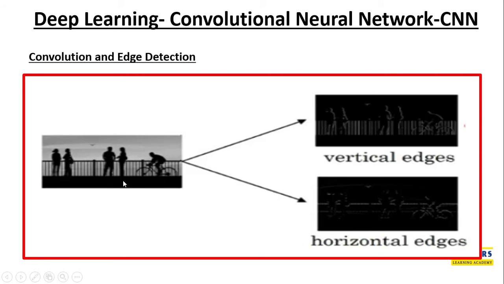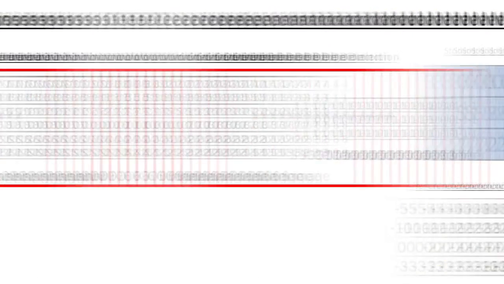That's a basic step. Whether it be a computer or our vision, it first tries to understand where the edges of the image lie. That's what we are going to understand in the subsequent slides. Here, this is how it processes and gets the vertical edges. This is the first step of convolution, and this is the second, where we try to identify the horizontal edges.